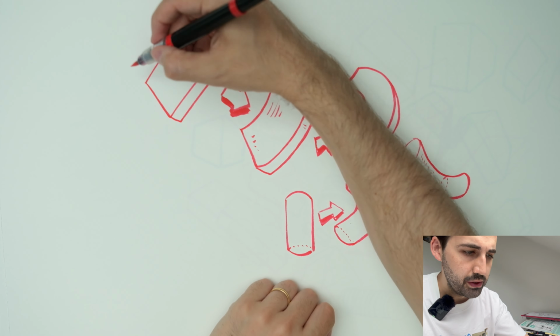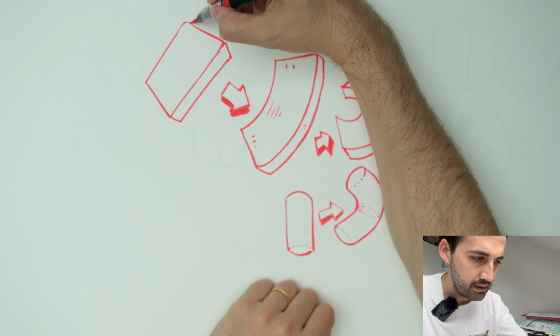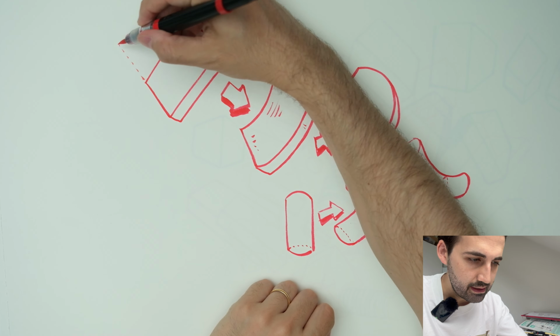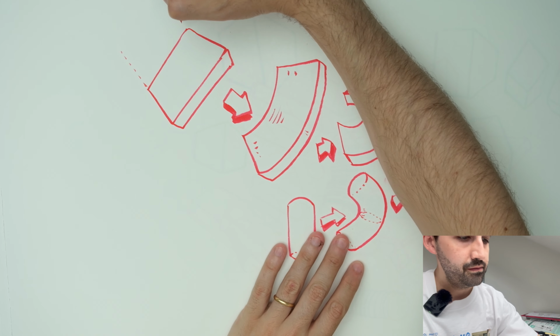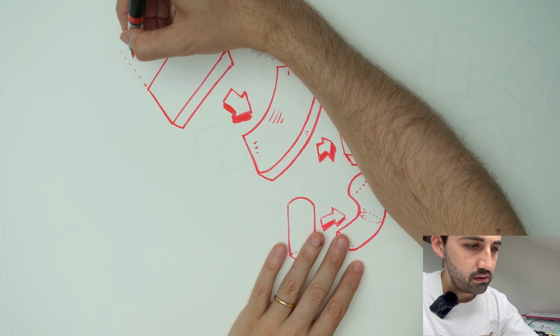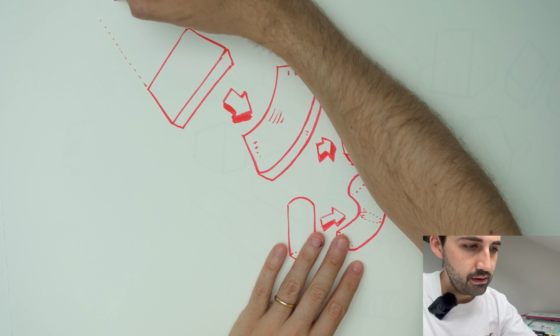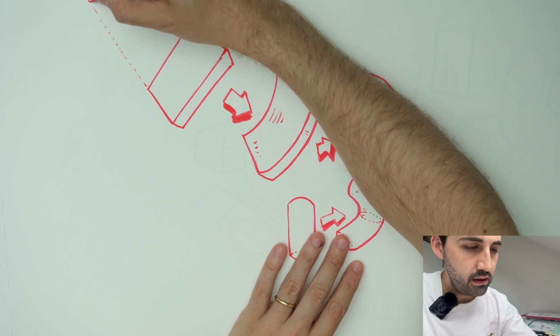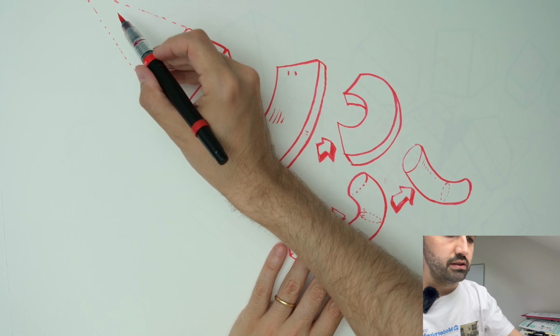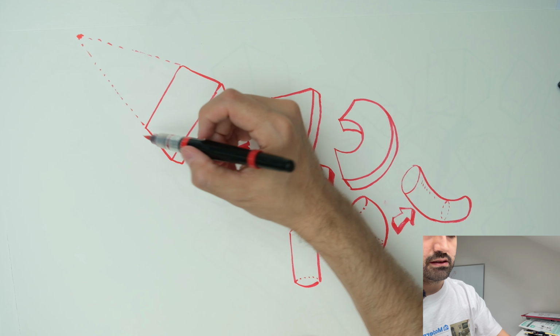Because if I were to consider this line here and this line here, these lines would meet up on what's called a vanishing point. So this would be the vanishing point right here.